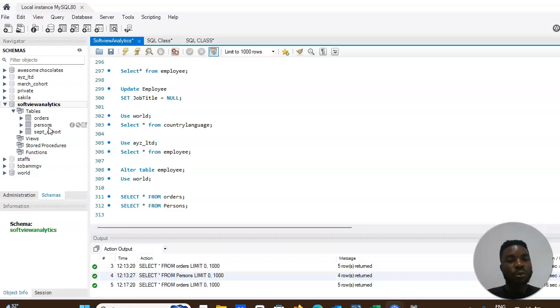For example, I want to use the orders table and the persons table. I'm going to make the persons table my left table, on the left side, and the orders table the right side. So persons is my left table and orders is my right table. That's the first tip, and you're going to see it by the time we begin to write the statement.